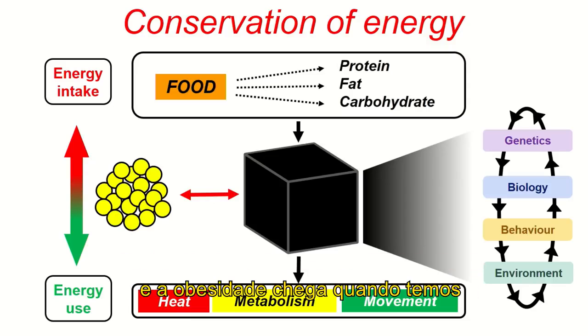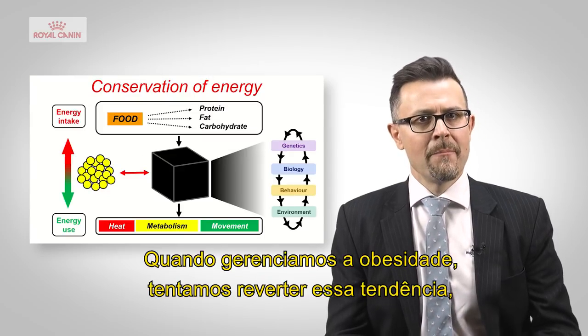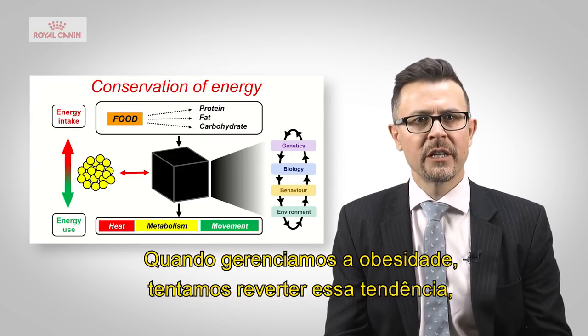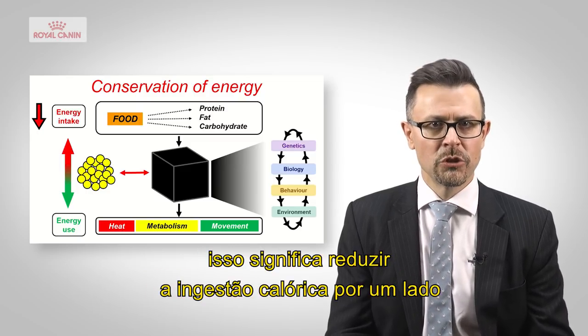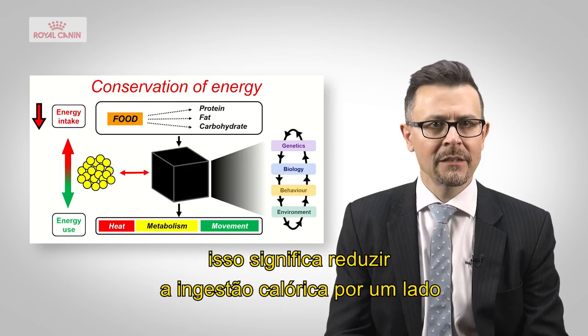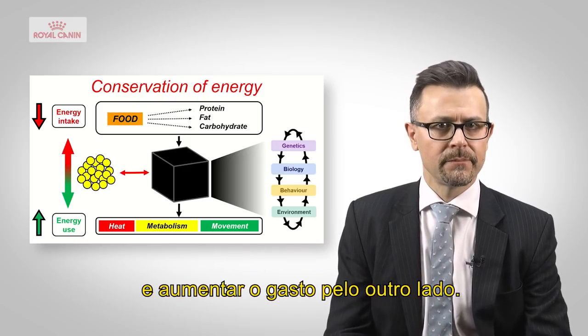And obesity arises when there is a long-term positive energy balance. When we manage obesity, we try to reverse that trend. So that means reducing energy intake on the one hand and increasing expenditure on the other.